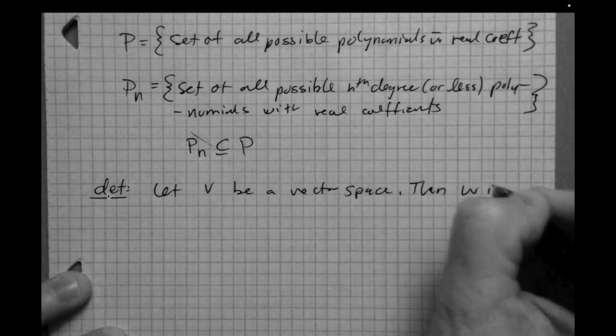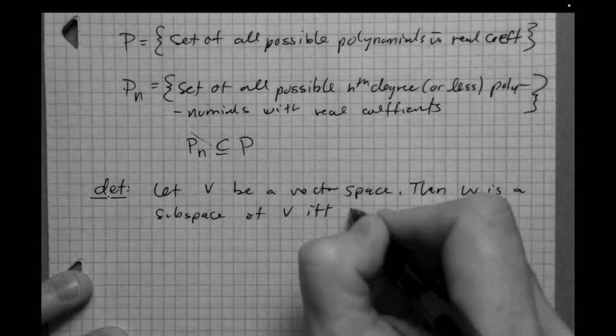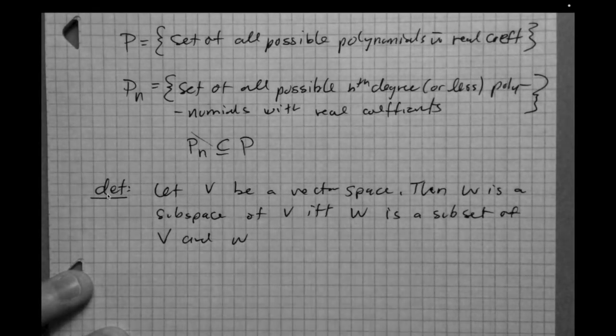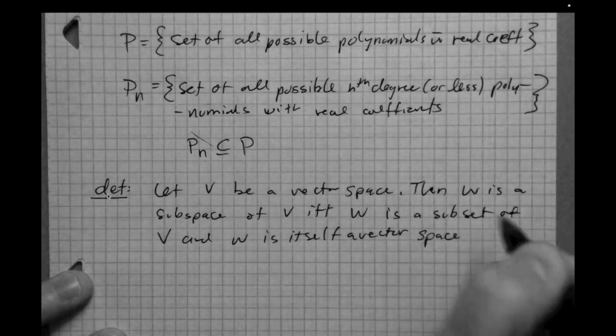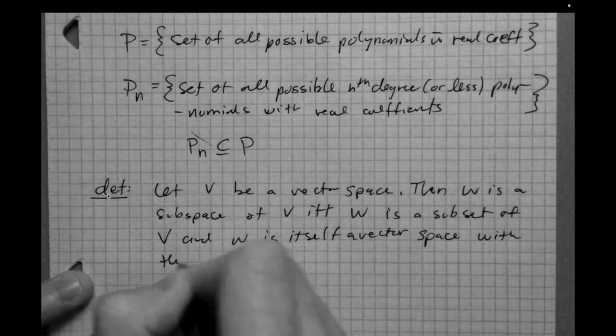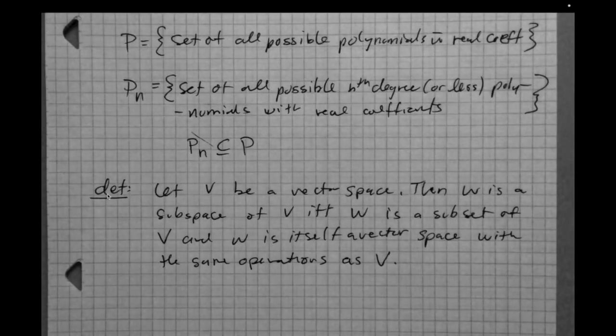Then W is a subspace of V if and only if W is a subset of V and W is itself a vector space with the same operations as V.